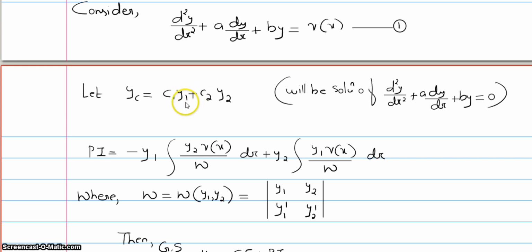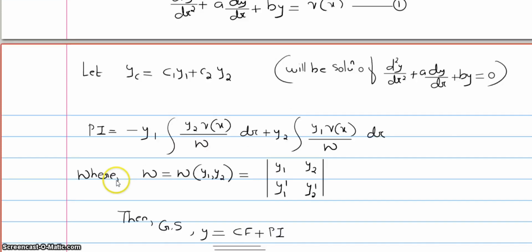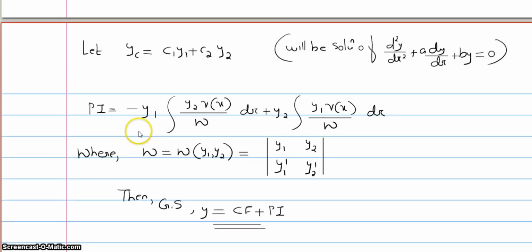So from the complementary function, identify the y1 and y2 solutions and then find its Wronskian value. Just replace it here as W, and solving this integral equation will give the particular integral value. After that, the sum of yc and yp will be the general solution.